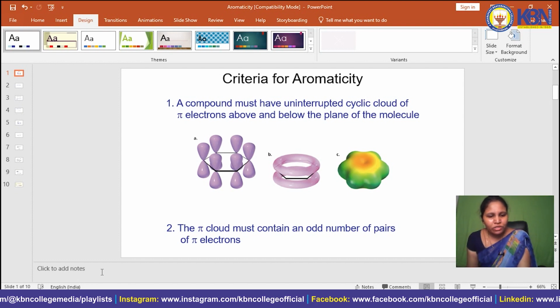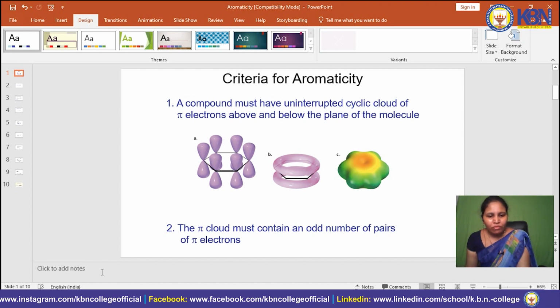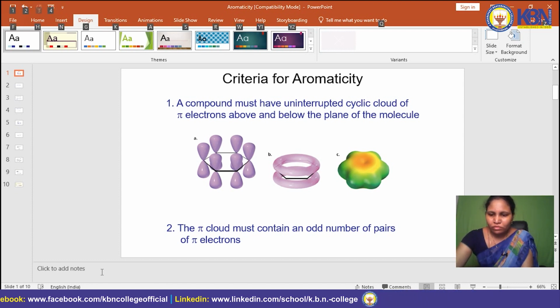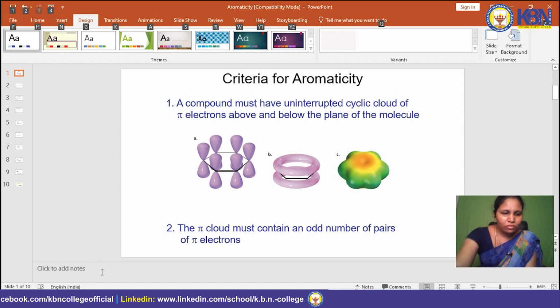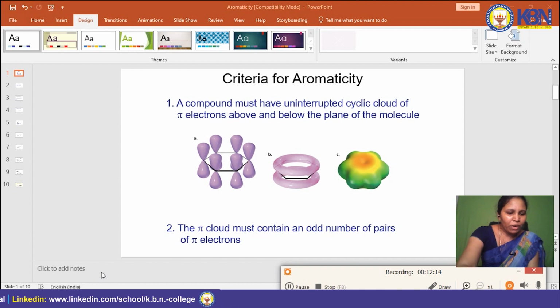Next, let us discuss the reactions of benzene. Benzene especially participates in electrophilic substitution reactions exclusively.